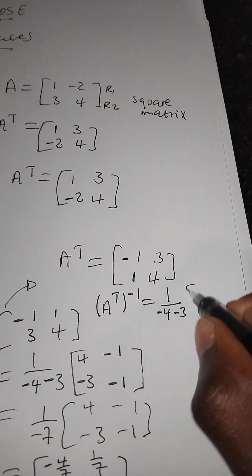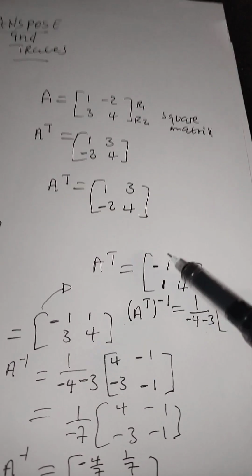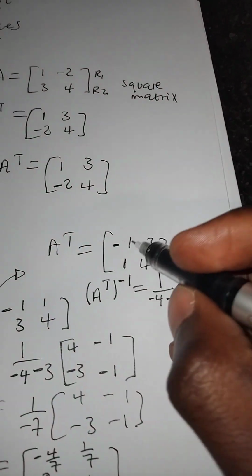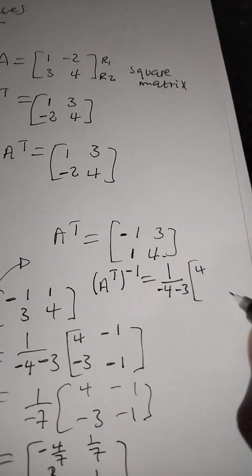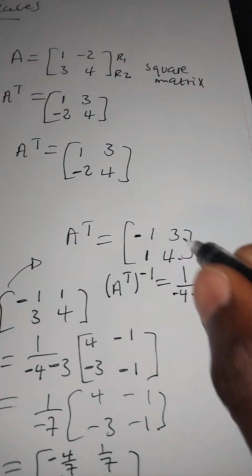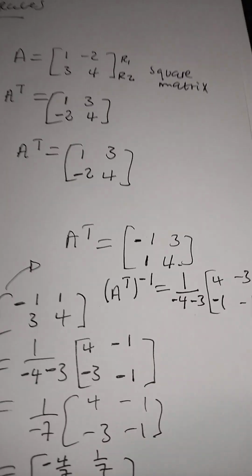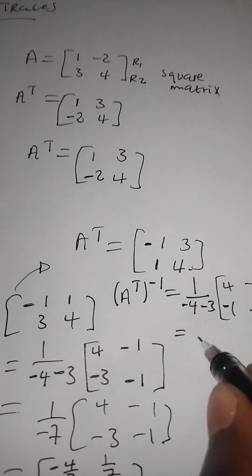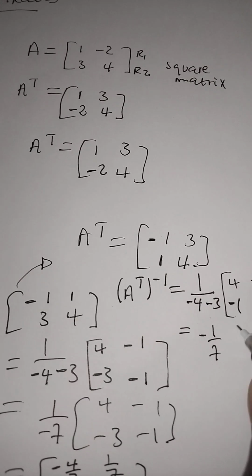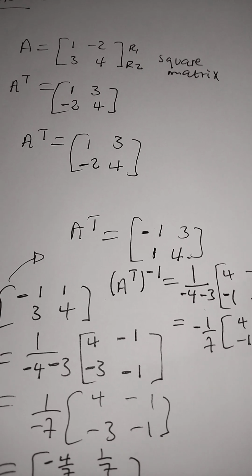Okay, then it tells us that these two have to swap, so we have 1 and minus 1 there. Then these two must have a negative sign, so minus 3 and minus 4. Just like that. Okay. So here we're going to get minus 1 all over 7 into [1, -4; -3, -1].